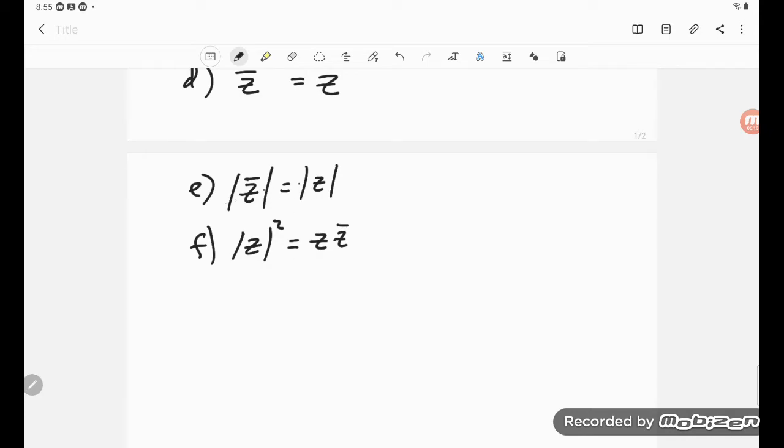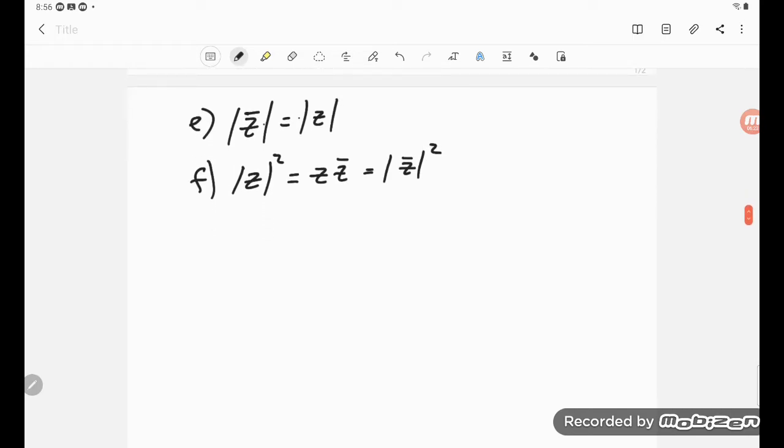Now, from E up there, notice that that would also be the same for the absolute value of Z conjugate squared. So that is a very nice characterization of the modulus of Z. Well, modulus of Z squared anyway.